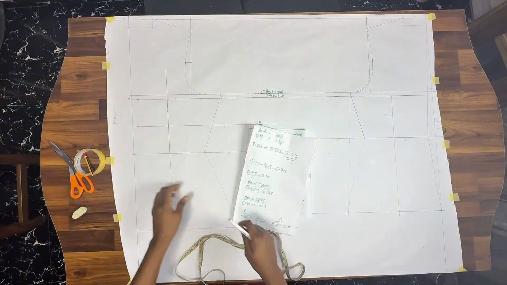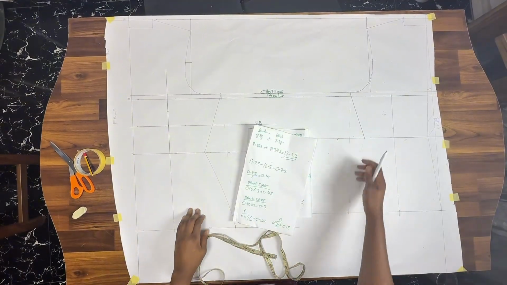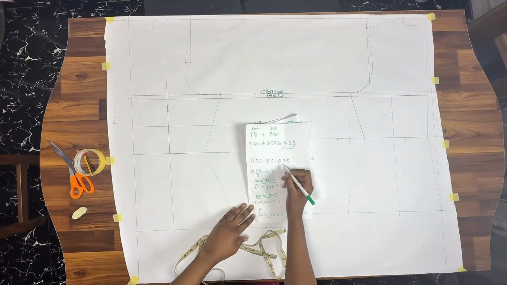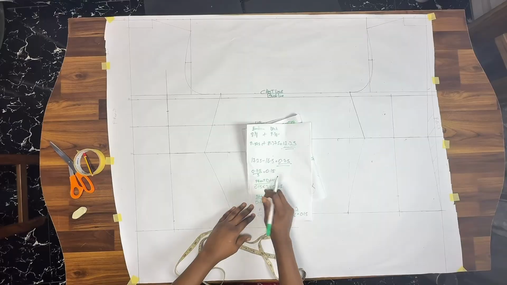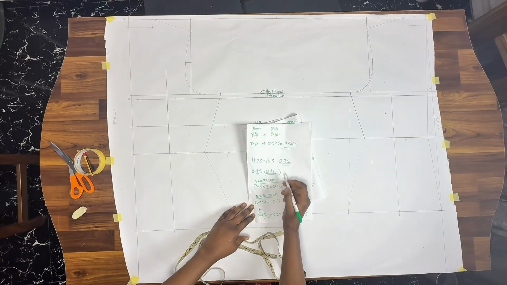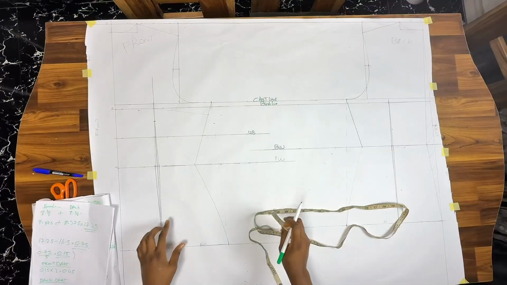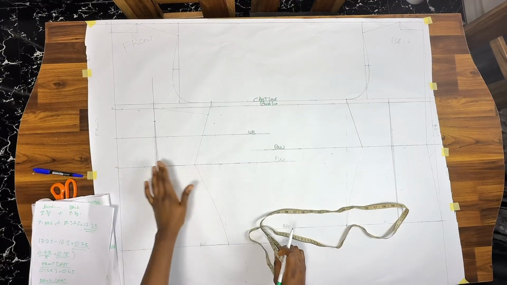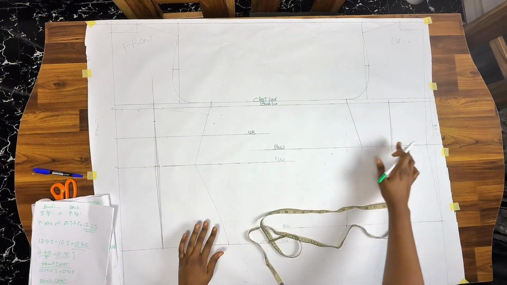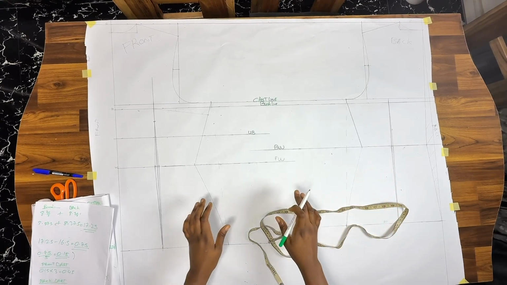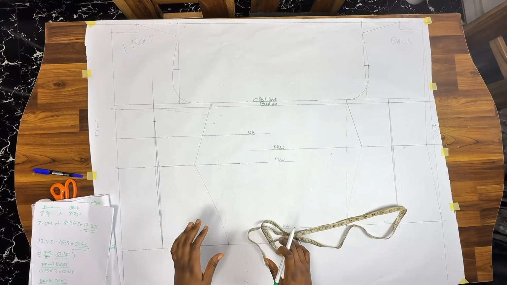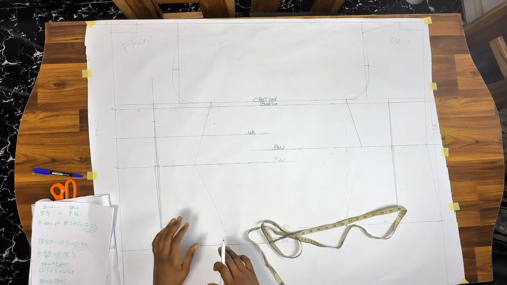I'm so sorry. I just realized that my audio wasn't functioning well at this point. But I did a recap of what I did here and I explained it bit by bit for you to understand, okay? First of all, you measure from here to here. You measure from here to here. And then whatever you get here, you minus it by your actual body waist measurements.